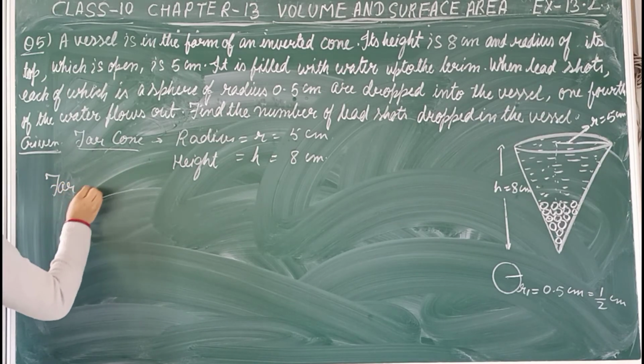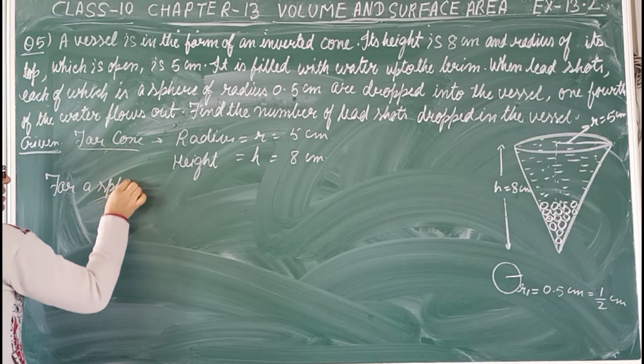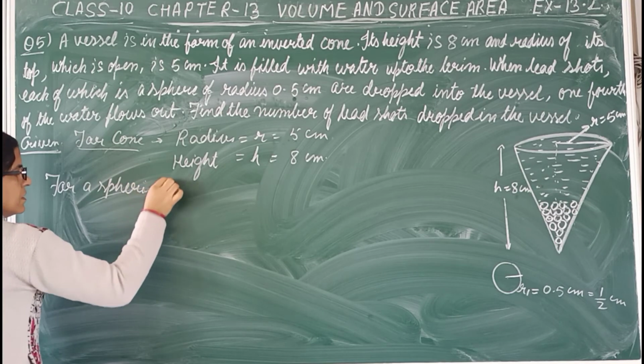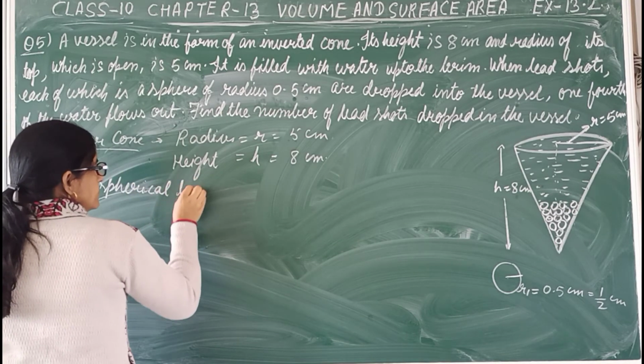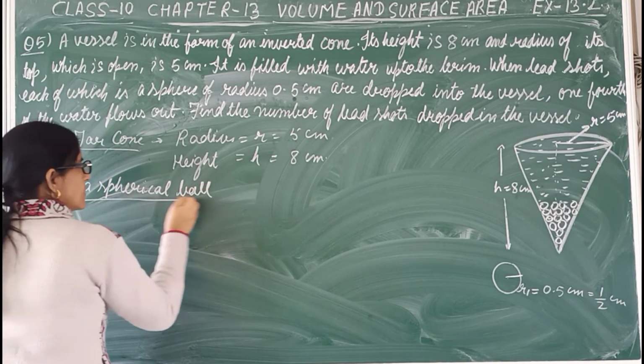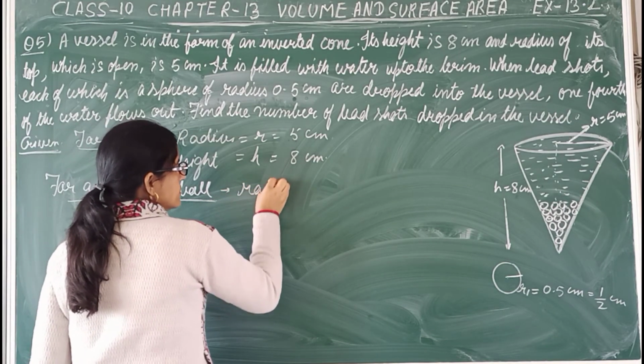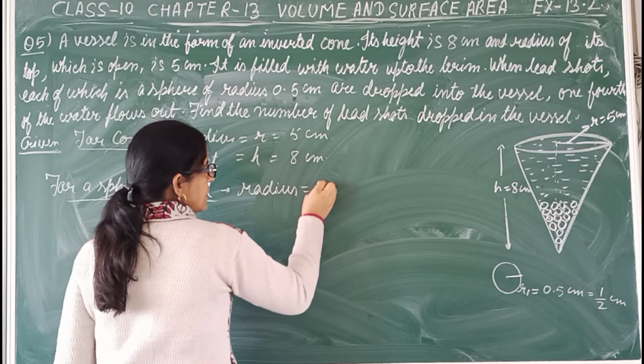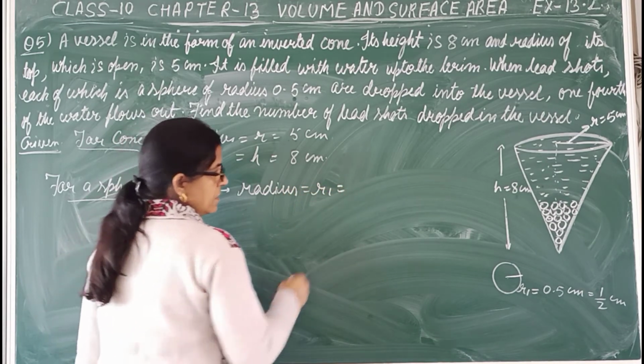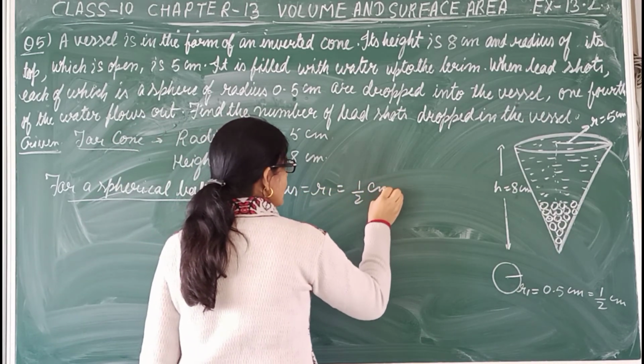For a spherical ball, radius equals r1 equals half centimeter.